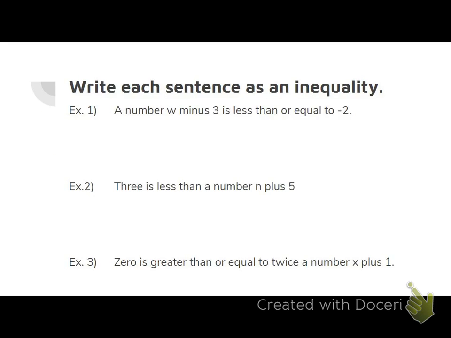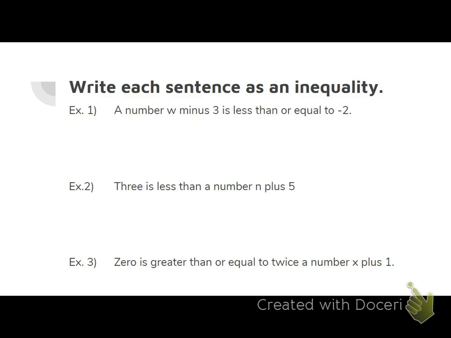All right, we are going to write each sentence as an inequality. Yes, it's going to be helpful for you to have these sentences in your notes before we translate them. So I would copy down the sentences and then do your translation. A number W minus 3.